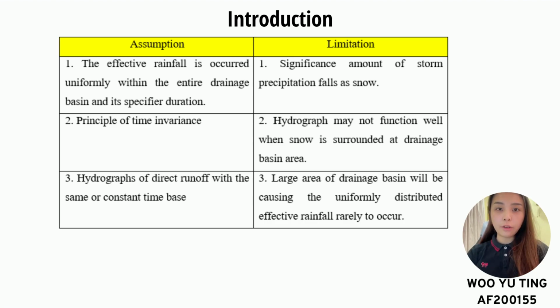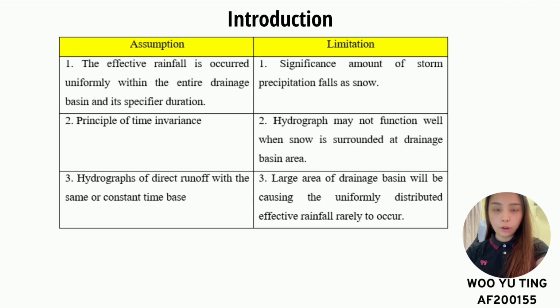However, when the area of the drainage basin is larger, uniformly distributed effective rainfall will rarely occur. It can be concluded that the bigger the drainage basin, the less it fulfills the assumptions of the unit hydrograph.